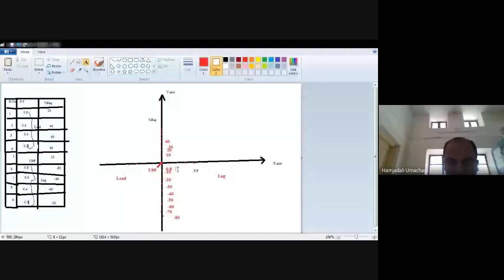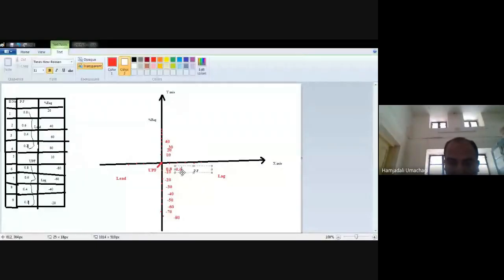UPF means 1. Then 0.8, and here it will be 0.6, and this point is 0.4.